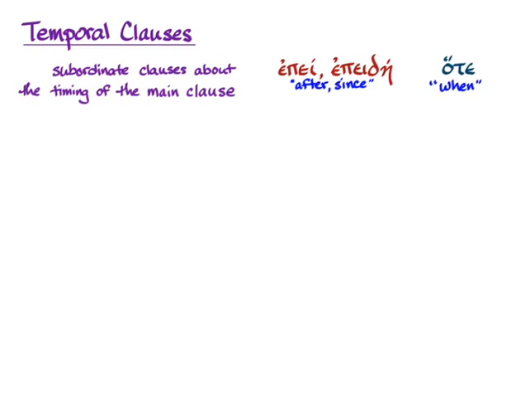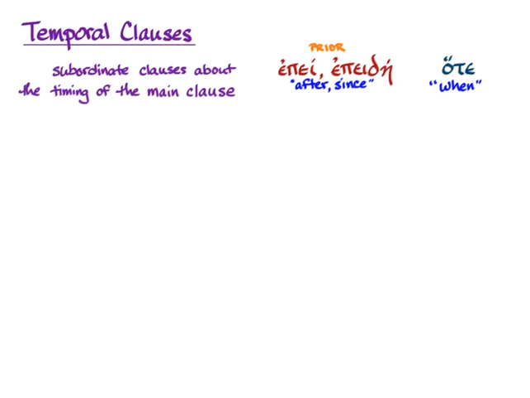And if you think about those two kinds of conjunctions, one is telling you about things that happen prior to the main clause. So if you talk about something that is after something else, the after something else is stuff that happened before, prior to the main clause.